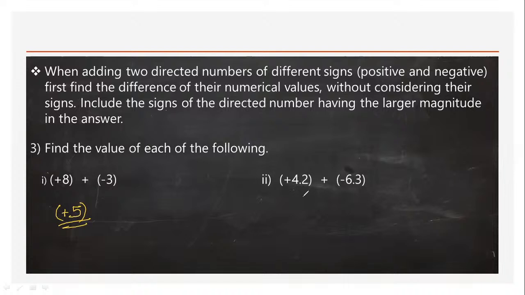Then we can see plus 4.2 plus minus 6.3. Now take the difference: from the larger numerical value, subtract the smaller numerical value 4.2. We are not concerned with the signs here. So 6.3 subtract 4.2 is 2.1.